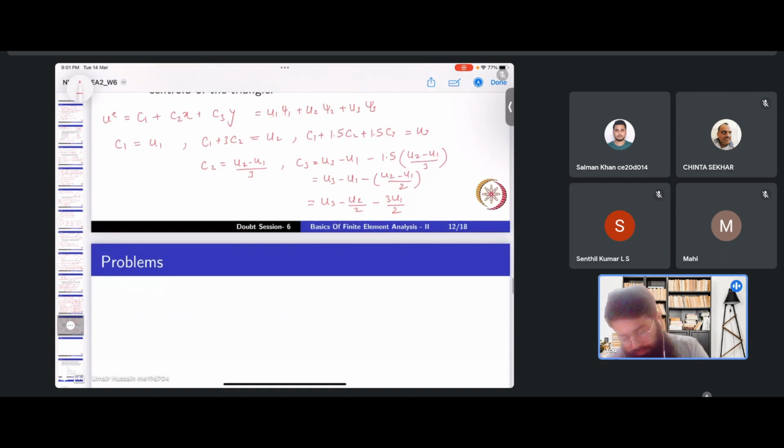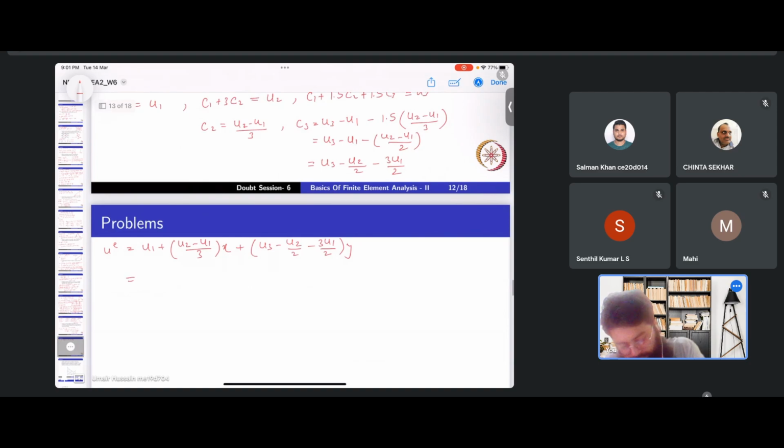Next, we substitute the values back. We get U1 plus (U2 minus U1) by 3 times x plus (U3 minus U2) by 2 times y.